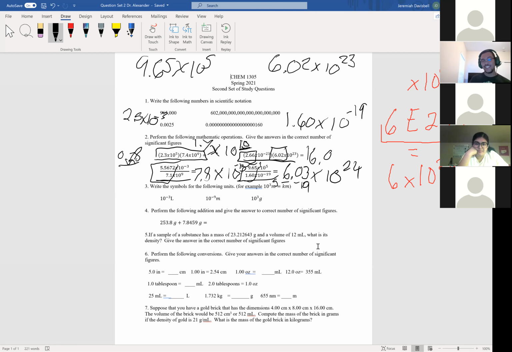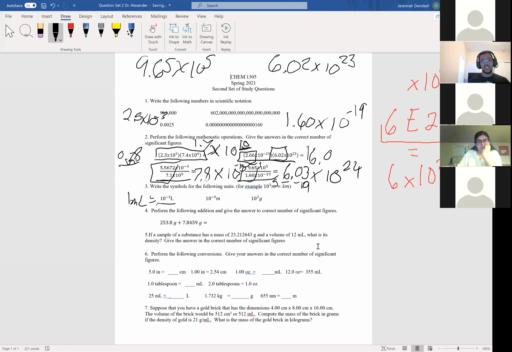So for number 3, basically what it's asking is for us to make it so that this 10 to the whatever power becomes 1. So for 10 to the negative third power of liters, what can we convert that to make it 1? Milliliters, right? Because that will equal 1 milliliter.